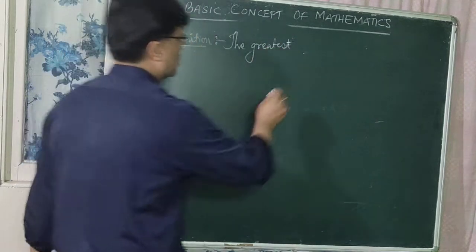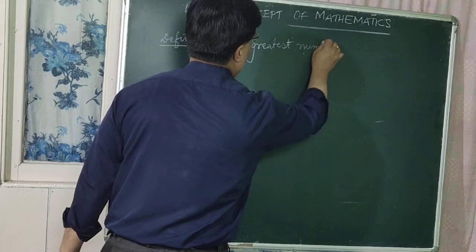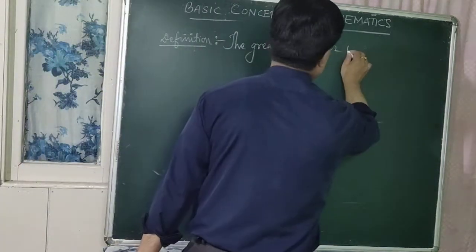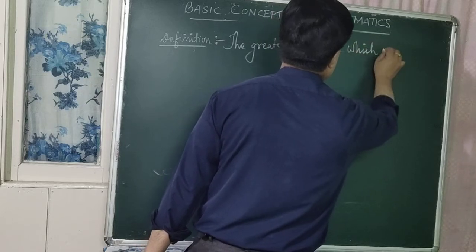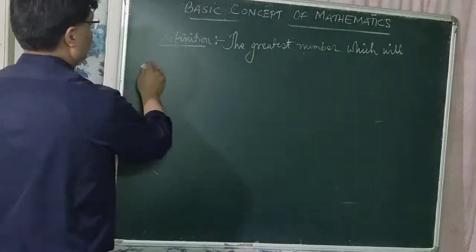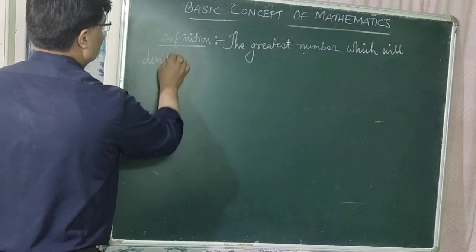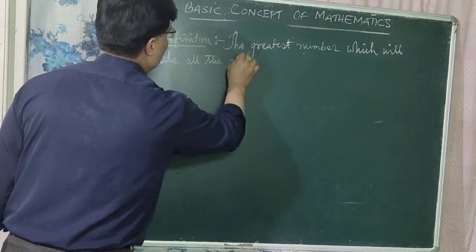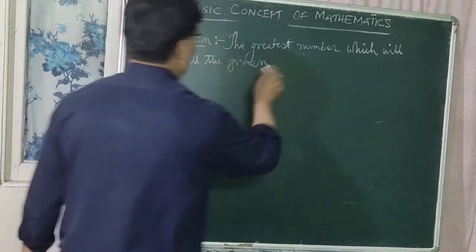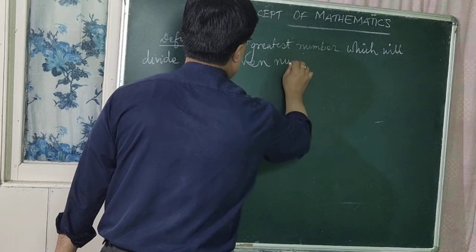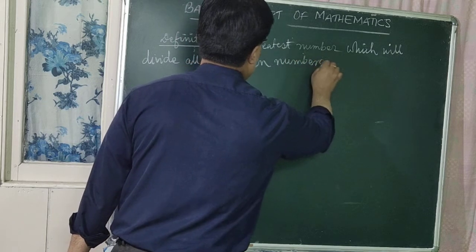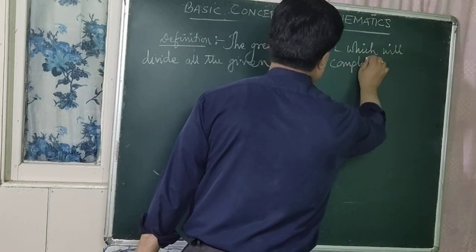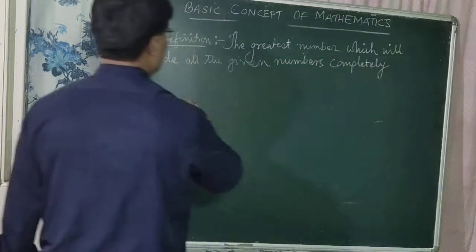The greatest number which will divide all the given numbers completely without any remainder.